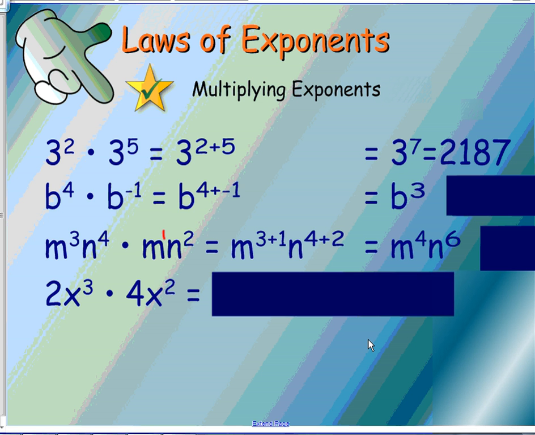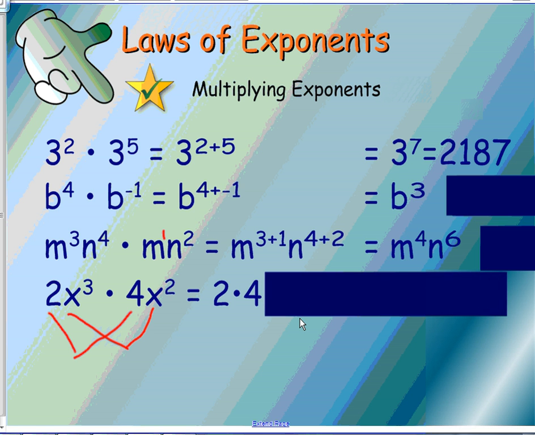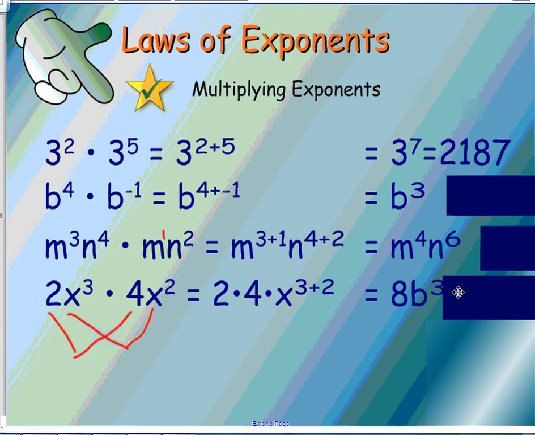All right. Okay, so if we look at this one, in this case, we multiply together. So we combine our x's and we combine our coefficients. So in this case, 2 times 4 is our first section, which we know is 8. X to the 3rd power times x to the 2nd power becomes x to the 3 plus 2 power.